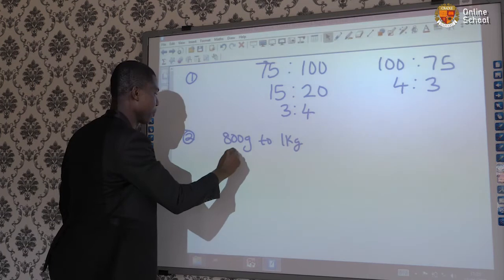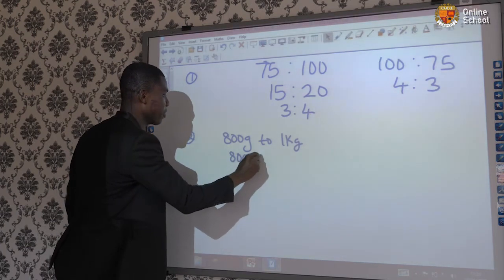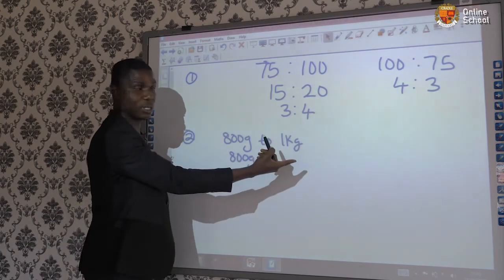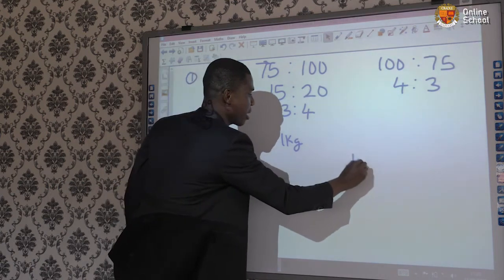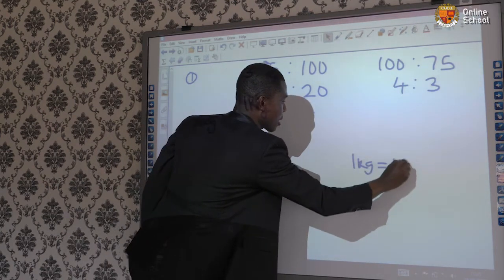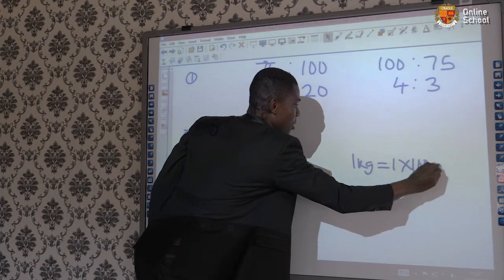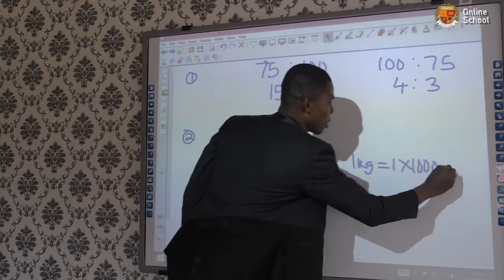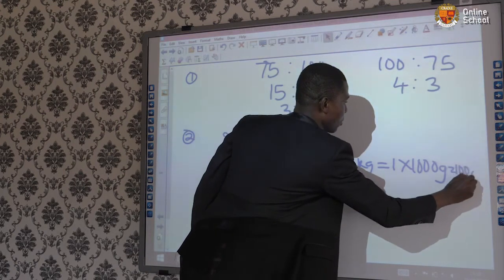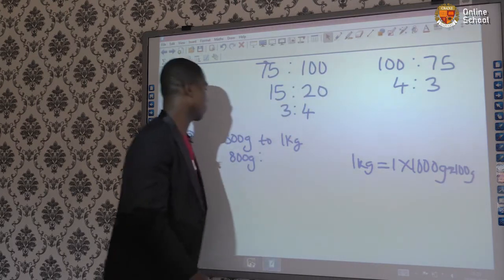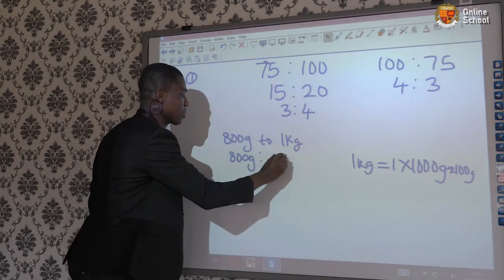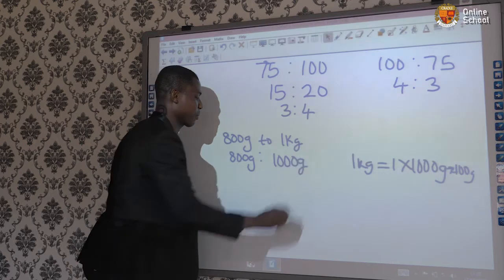So we have 800 grams ratio 1 times 1,000 grams, which will give us 1,000 grams. Are you with me? So this is 1,000 grams.